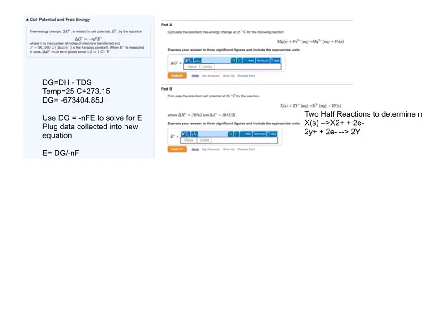The way that we go about doing that is we break this equation into two half reactions, and that will allow us to see that there are 2 moles of electrons transferred during the reaction. We go ahead and use this equation up here. We solve for the cell potential, E naught. We plug in all the data that we have, and our answer in this case would be 3.49 volts.